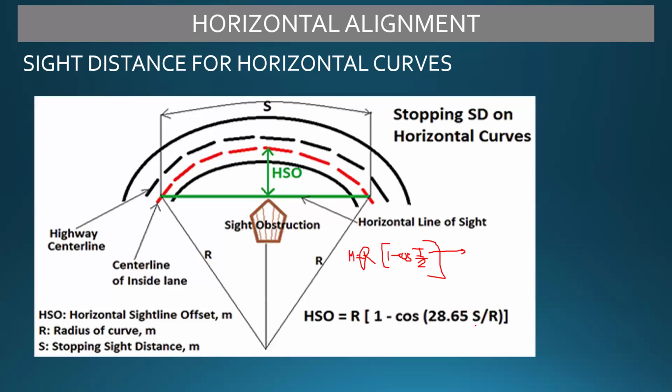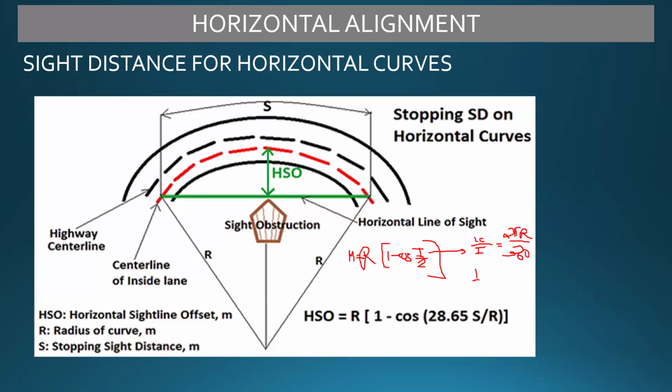Here S is our length of curve, its stopping sight distance, which replaces the length of curve from our previous formula. So that is, from the ratio and proportion, LC over I equals 2 pi R over 360.